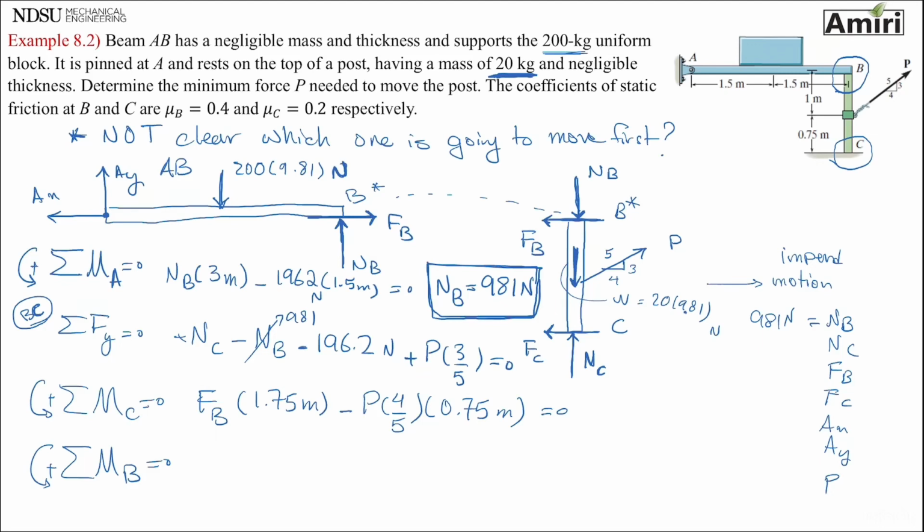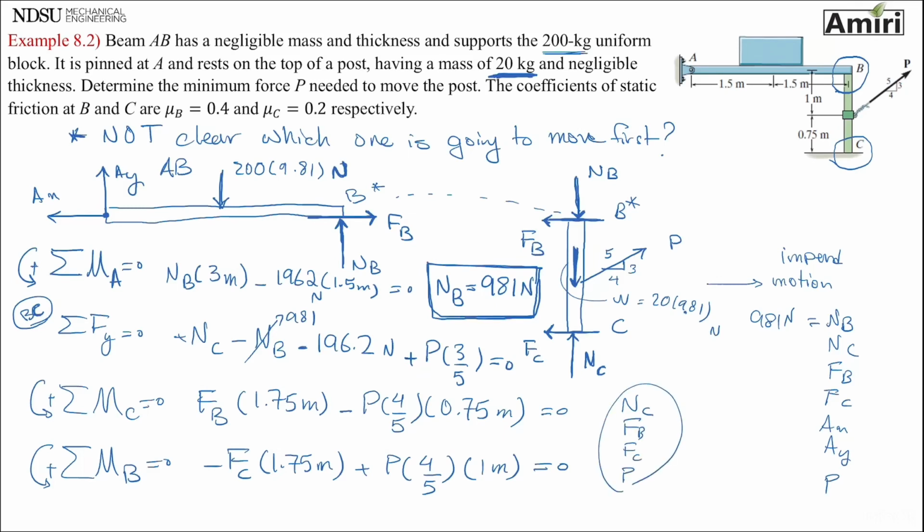I have minus FC at a distance of 1.57 meters plus the horizontal component at 1 meter equals 0. I have NC, FB, FC, and P as unknowns in these three equations.